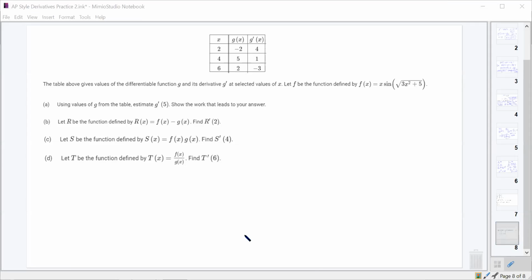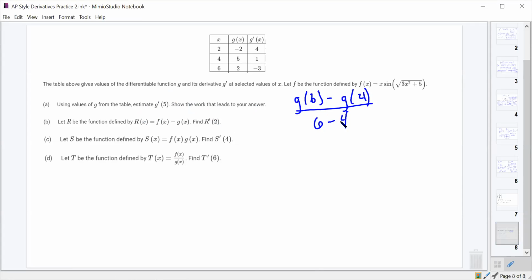All right, so for the first one, to approximate g prime of 5, the best approximation should come from an average rate of change surrounding 5. So that ought to be g of 6 minus g of 4 over 6 minus 4.